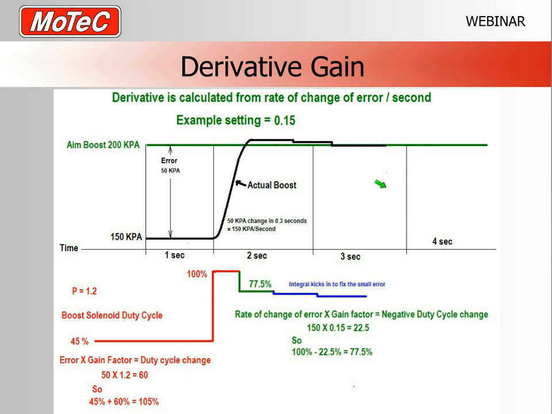So if we've done a great job of configuring that and the boost ends up very close to what we want, the proportional no longer has much effect because the error between these two lines is very small. And what happens is the integral kicks in, and the integral over time sees the error and just starts winding a little bit of duty off. And it winds duty off until it gets to where we're going. And that's pretty much how it works.